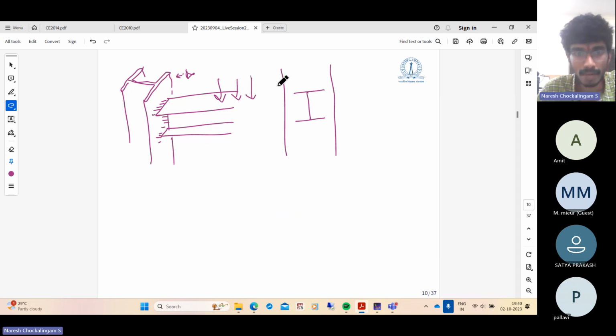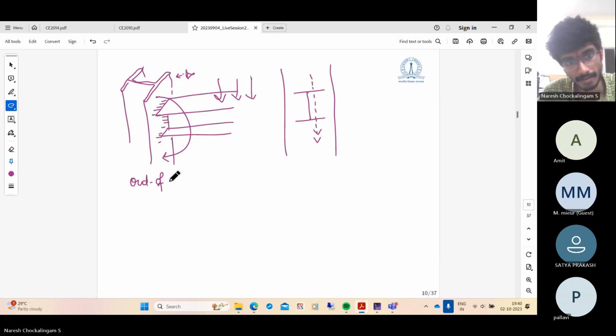And there are both bending forces and shear forces coming onto the weld. So the weld group is subjected to a certain shear force V, and it is also subjected to a bending moment. So this is an out-of-plane eccentric connection.